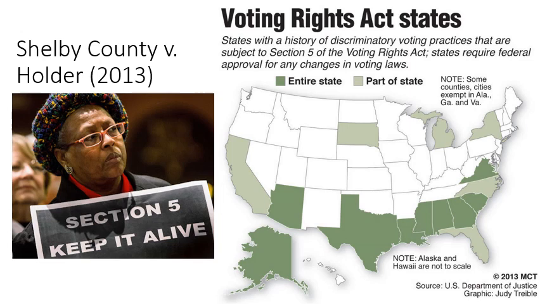Shelby County appealed all the way up to the Supreme Court, and the Supreme Court struck down the coverage formula. That rule that said if you have a test or a device, or if under 50% were registered in 1964, or actually it had been updated to 1972, and I don't think it's been updated since then, but I may be wrong.